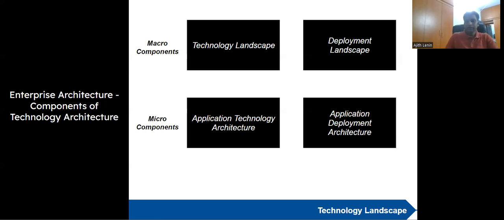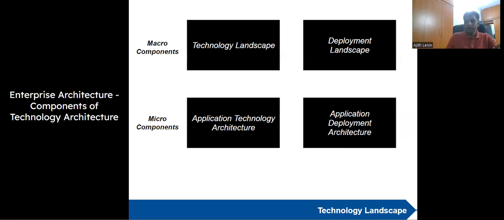Similarly, from a technology architecture perspective, we can capture the technology landscape, which is the overall technology choices within the enterprise or segment-wise: what are the technology choices for what type of applications. And the deployment landscape: what physical, logical, cloud or data center infrastructure we have, and how we are planning to do the deployment across those.